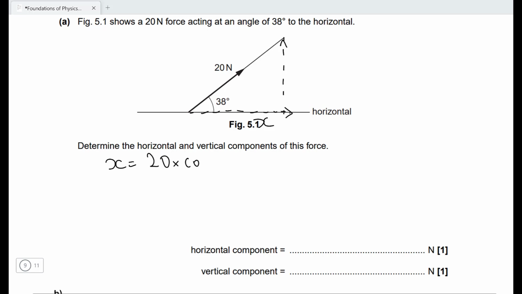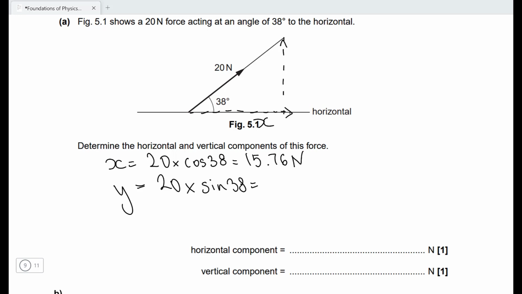It will be multiplied by cos of 38, which is about 15.76 newtons, and the y component will be 20 times sine of 38. So let's just put that into a calculator. So 20 times sine of 38 is going to give us about 12.3 newtons. Now up to two significant figures, the horizontal component will be 16 newtons and the y component will be 12.